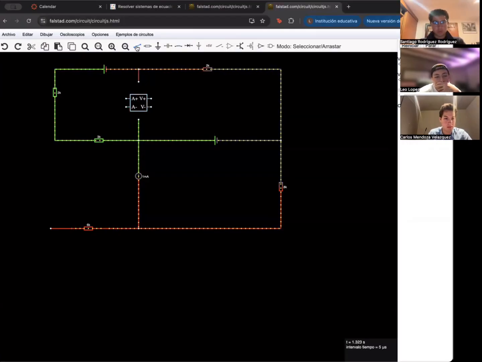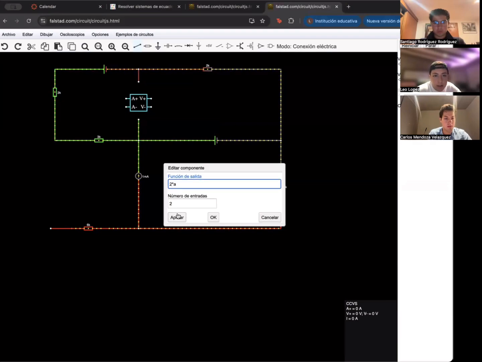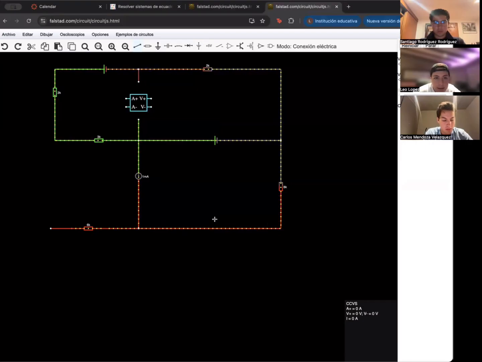And so we have a current flowing through the 6 kilo ohms resistor, which will be defined from left to right to the CCVS. From here goes up here, and the positive terminal on the right side is the output, right? So our voltage is given by 4Ix, which goes here in the problem. So this is where I change this here, which is 4 times Ix. This is Ix. So we apply it, okay.